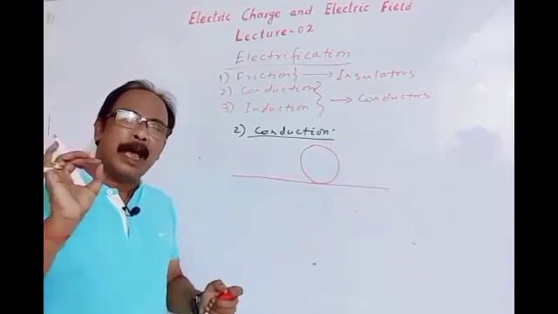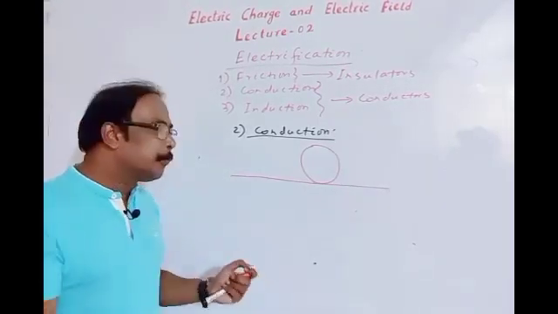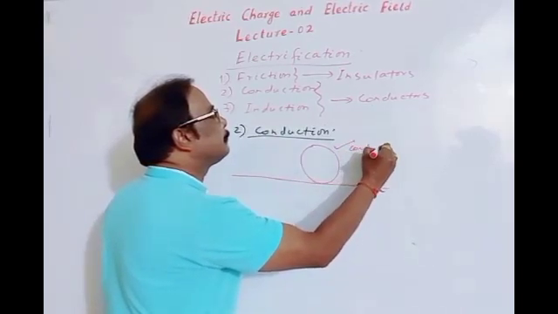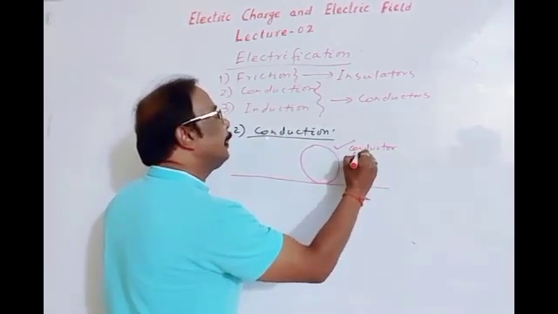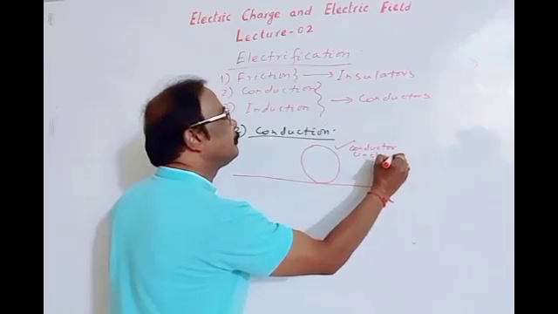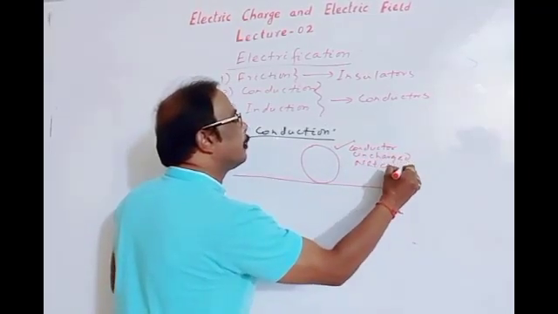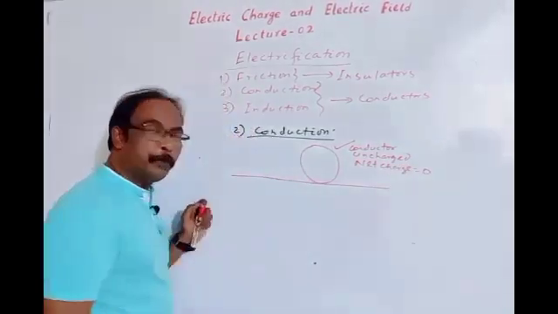Physical contact of a charged body with an uncharged body. Let this is uncharged body, this is a conductor. Uncharged means net charge on this body is 0.